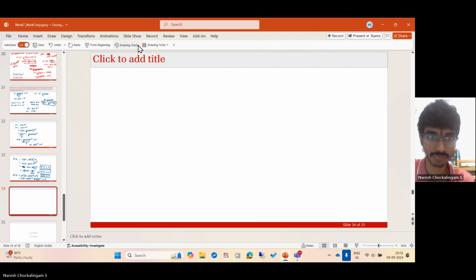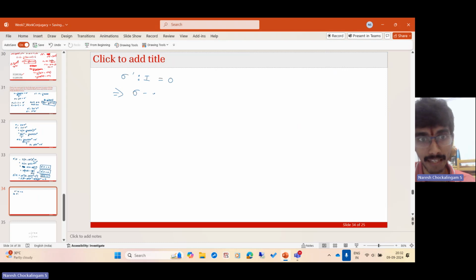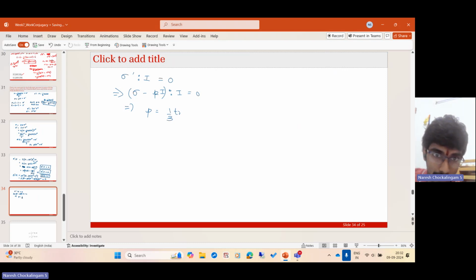We get sigma dash contracted with I is equal to 0, which means sigma minus P times I contracted with I is equal to 0, which means 3P is equal to trace of sigma. So P is equal to 1 by 3 trace of sigma.